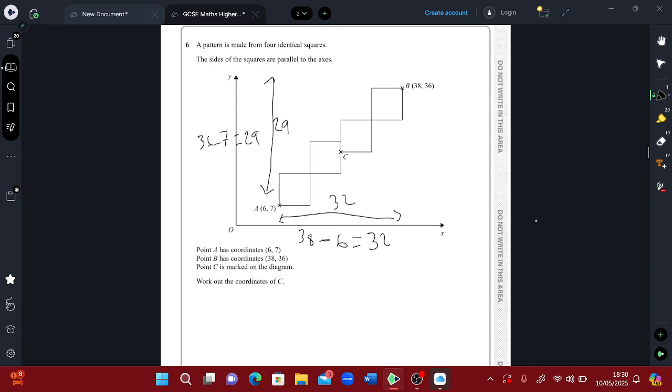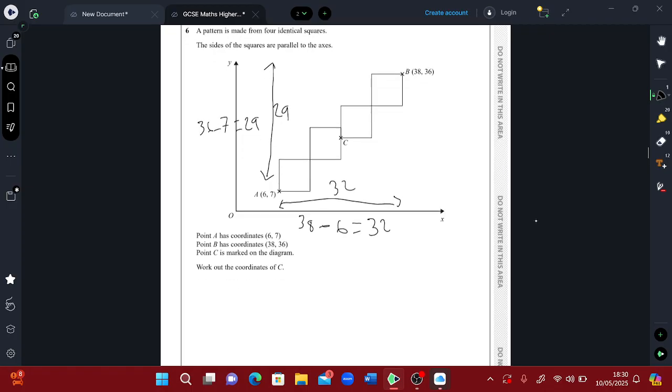Now that's important because we can work out the length of one square. Let me make that a bit clearer actually. Changing y by 36 minus 7, 29, and changing x, 38 minus 6, 32. Always double check your workings periodically as you go through it.